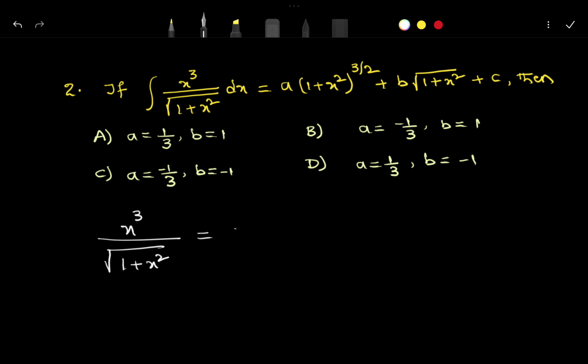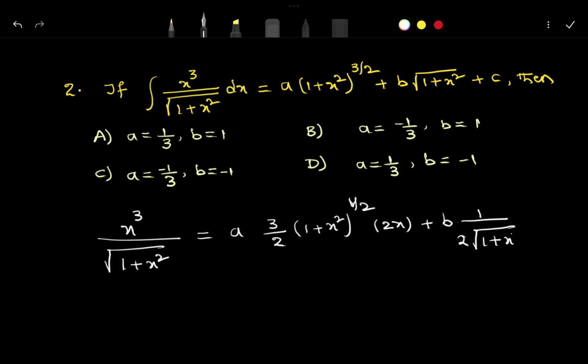is equal to a into (1 plus x square) to the power of 3 by 2, derivative is 3 by 2 into (1 plus x square) to the power of 1 by 2 into the derivative of 1 plus x square, which is 2x, plus b into root of 1 plus x square, derivative is 1 by 2 into root of 1 plus x square into the derivative of 1 plus x square, which is 2x.